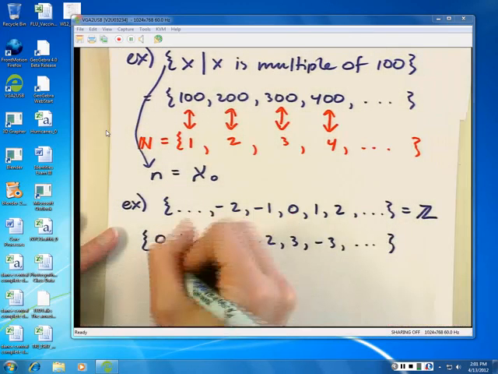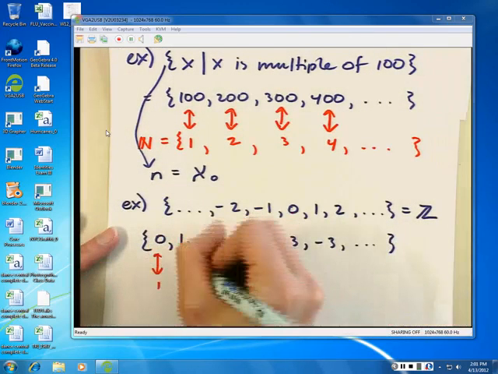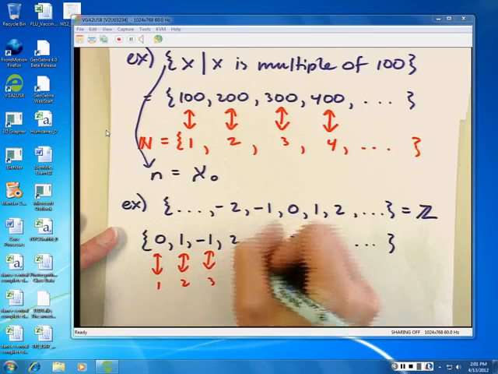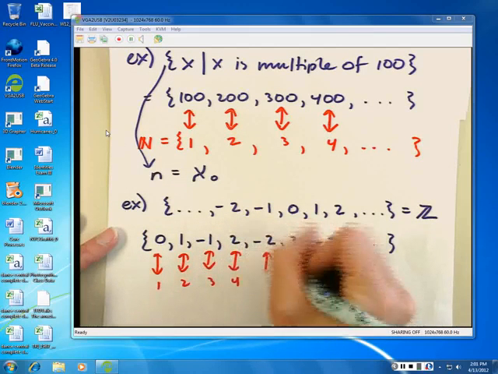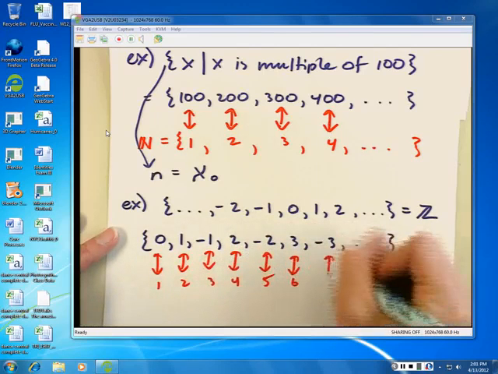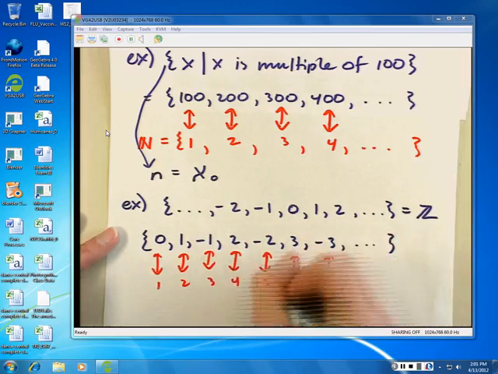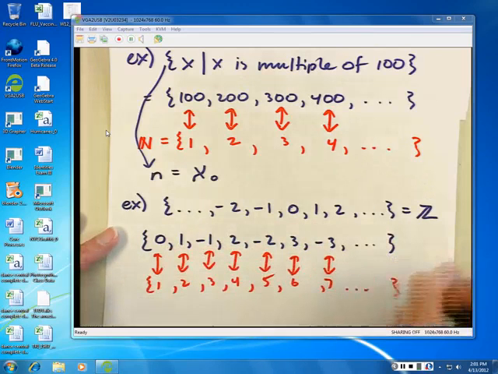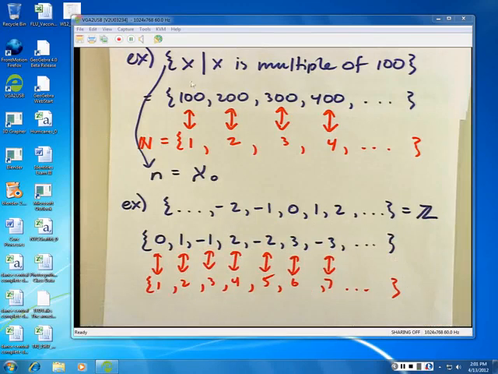I have a first element now, a second element, a third, a fourth, I get tired of drawing all these arrows, a fifth, a sixth, a seventh, and so on. So here are my counting numbers, dot, dot, dot, and I've established a one-to-one correspondence.